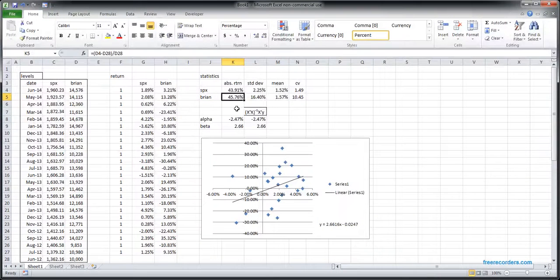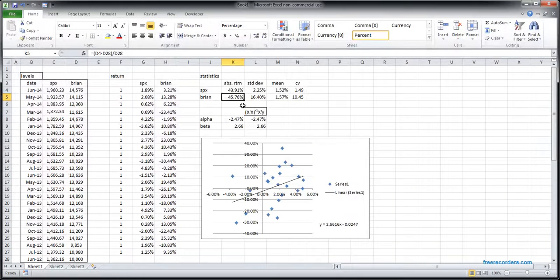So this is a follow-up from our first of two videos on how to calculate alpha and beta, or risk-adjusted return, for an investment portfolio. So we went through and we looked at what the S&P 500 did over a period of time versus how we did over a period of time. We calculated the return for those levels.